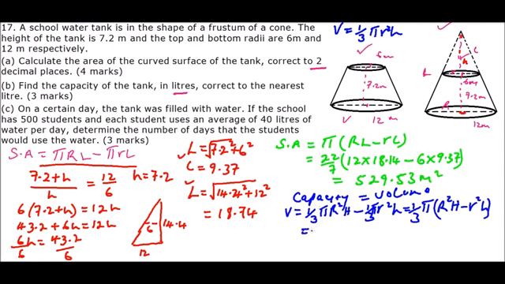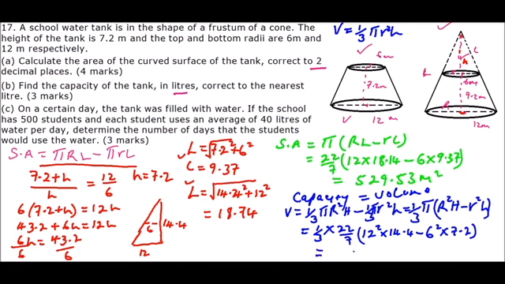So this will give you one third multiplied by 22/7 into bracket, the radius of the big cone is 12 squared, the height is 14.4, then you minus the radius of the small cone 6 squared multiplied by the height 7.2.